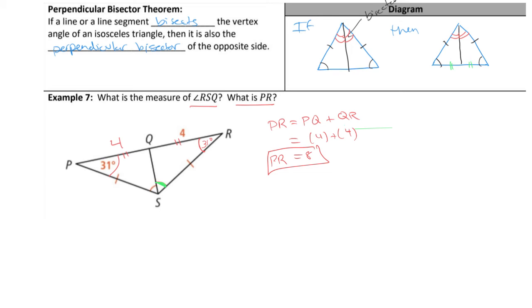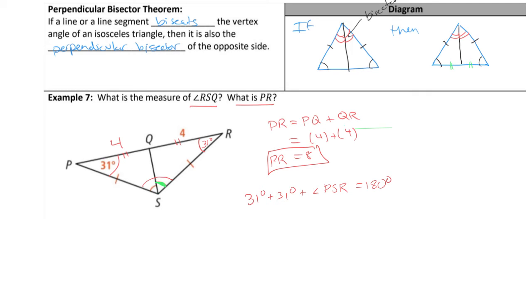What we first need to find is the whole angle right here, PSR. We can find that because that is technically our vertex angle, and we have the two congruent angles, 31 and 31, so we can figure out that vertex angle. So 31 degrees plus 31 degrees plus that vertex angle PSR is equal to 180. And then to find the RSQ, we just need to split in half because we have the perpendicular bisector that cuts the vertex angle in half.